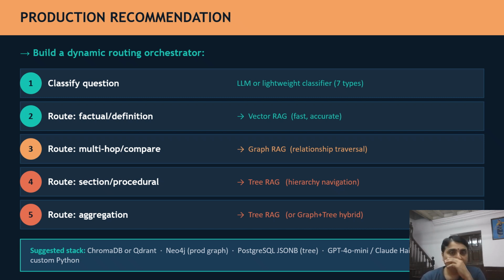The technology stack, noted at the bottom, is opinionated but practical. ChromaDB or Qdrant for vectors, Neo4j for production scale graphs, PostgreSQL JSONB for tree storage, and GPT-4o Mini or Claude Haiku for cost efficient LLM calls.